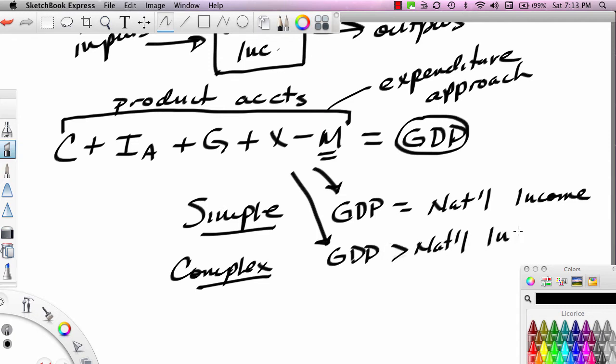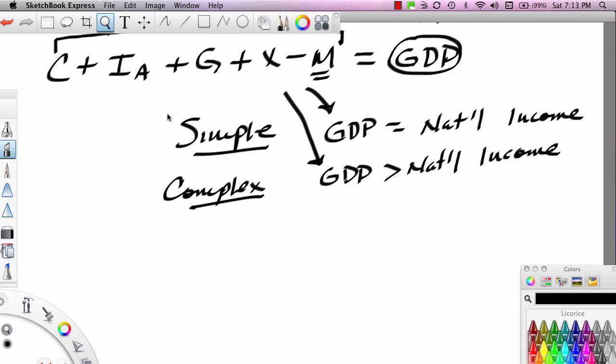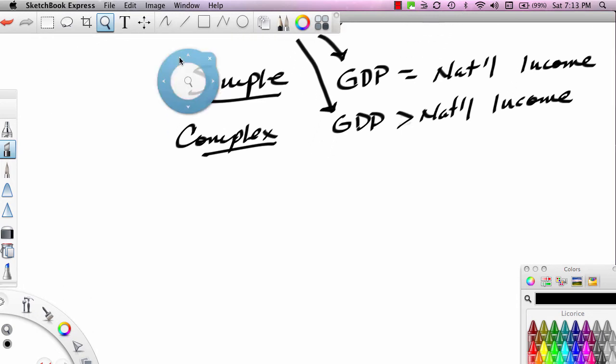And this is a small adjustment. It's actually a couple factors that lead to the derivation of this. But nevertheless, we need to acknowledge that while theoretically GDP should equal national income, in practice GDP measured via the expenditure approach is going to be greater than national income.